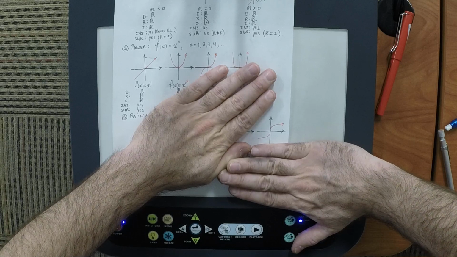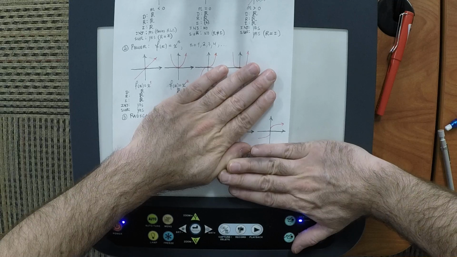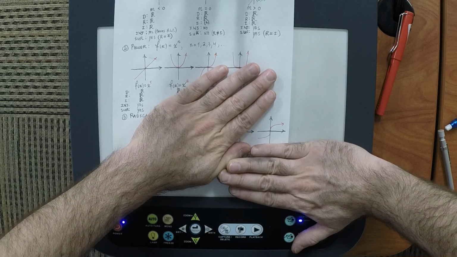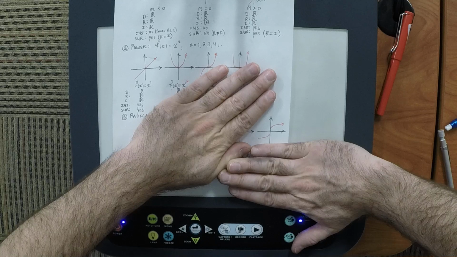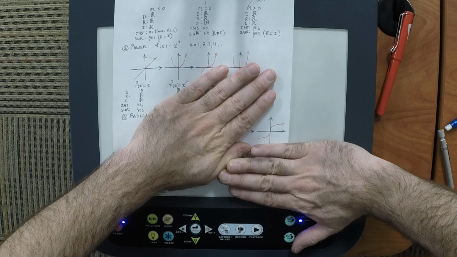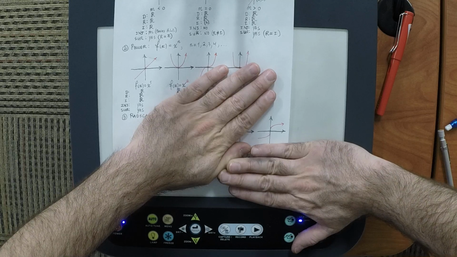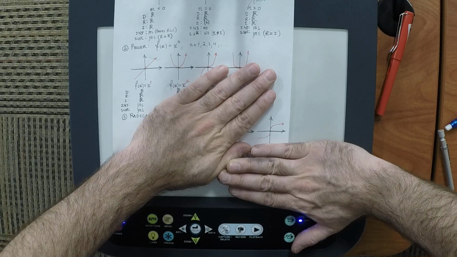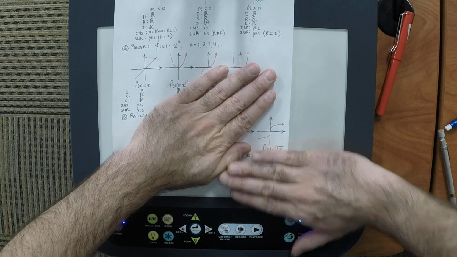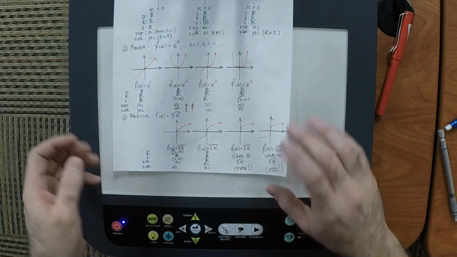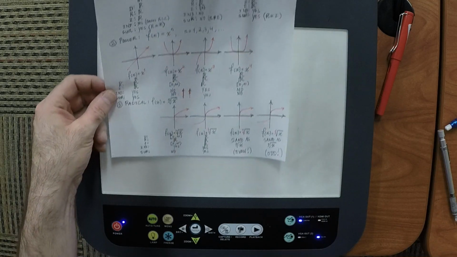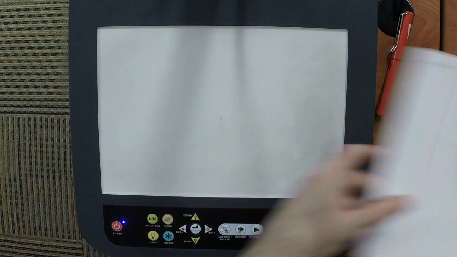Sorry, that's not right. Is this more likely to be the 11th root of x, or the 18th root of x? The 11th root of x, because this has the odd behavior. I don't mean odd as in strange, I mean odd as in parity. Good.